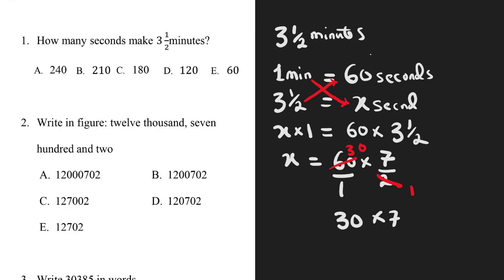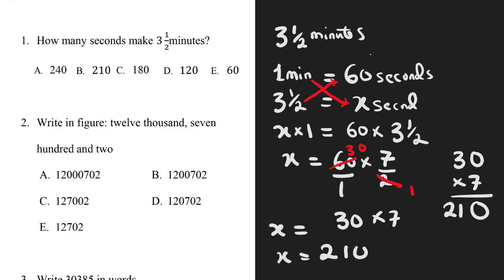So let's multiply it and see. 30 times 7: 7 times 0 is 0, and 7 times 3 is 21. So we have 210. So X is 210 seconds. That's how to go about this question.